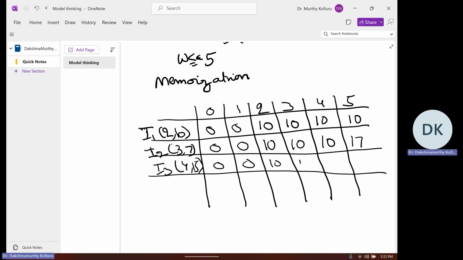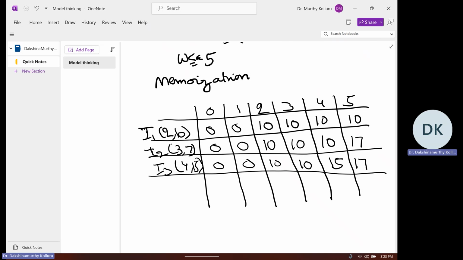In 3, I can't include this, the best is this. If 4 kgs are allowed, I can include it. I get a value of 15 and then nothing else is left. So 15 is the best value. If 5 kgs are allowed, if I include 4, I'll get 15 and then 1 more kg is left. The best I can do is 0, so 15. On the other hand, if I don't include item 3, the best I can do is 17.